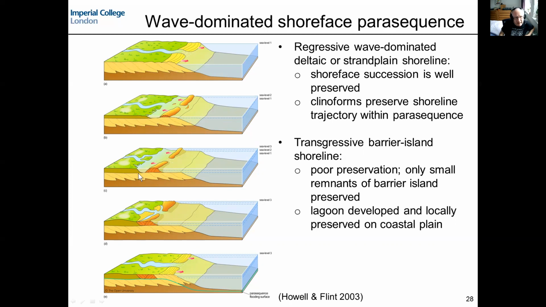And you'll see that that transgression is associated with the development of a flooding surface that represents the drowning of that strand plane. We can also see within the regressive strand plane, we expect to see clinoforms, dipping surfaces that record the shoreface at different times of the advance of the shoreline.